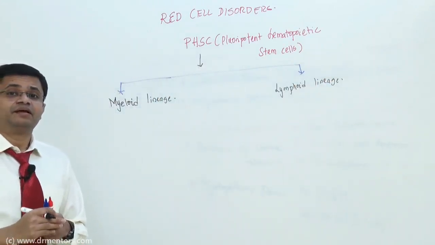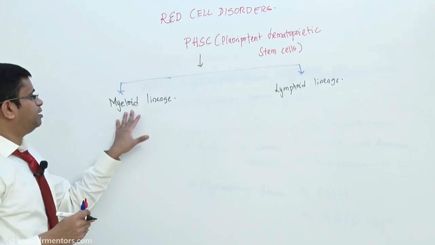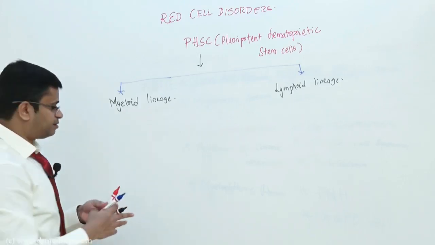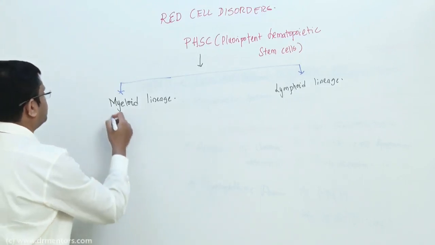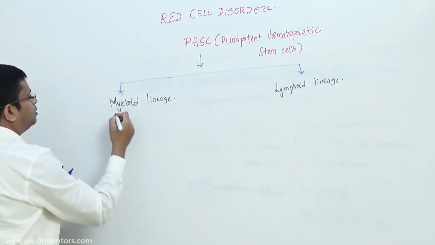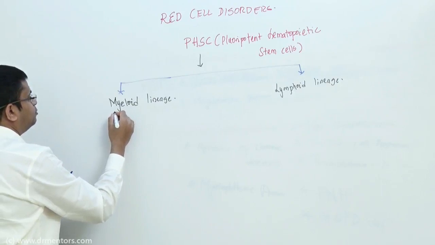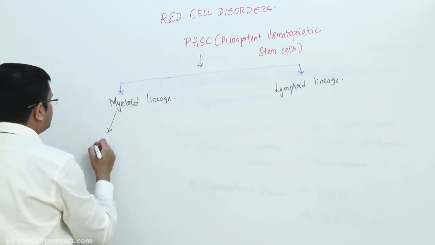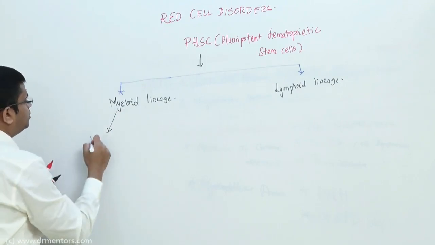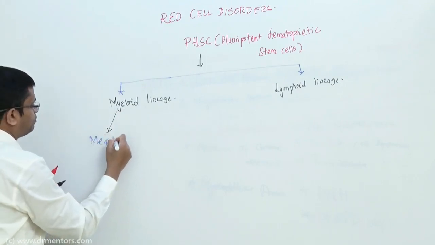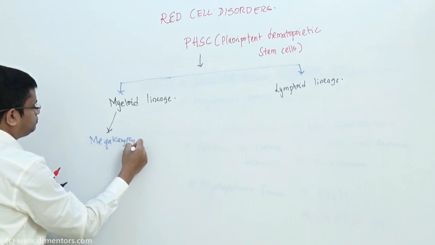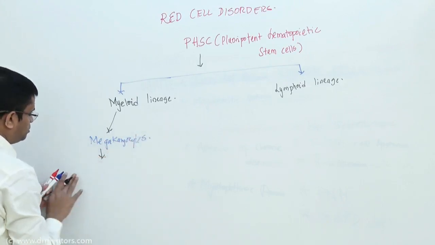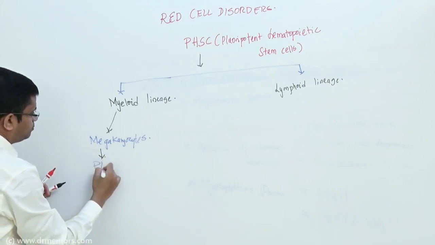Now, please understand that the myeloid lineage gives rise to various mature differentiated cells. The myeloid lineage will give rise to cells, namely megakaryocytes. Megakaryocytes are the ones which give rise to the platelets.